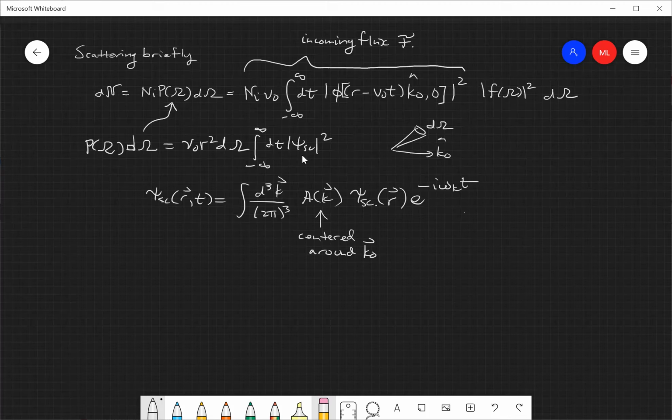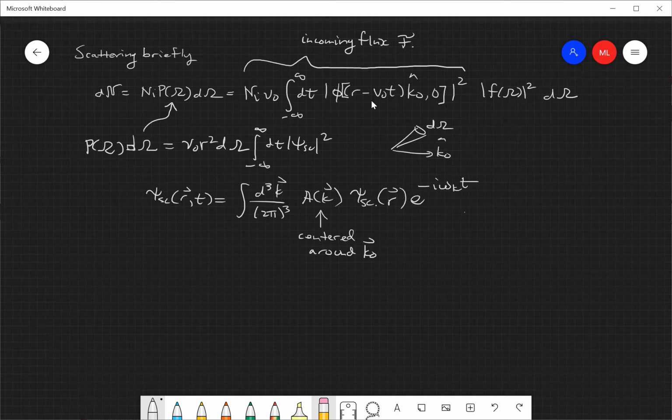So doing that approximation, sticking in the stationary solution, you'll get this form. And what will happen is the r squareds will cancel, and you're left with this integral of just the initial wave function at t equals 0, integrated over all times.